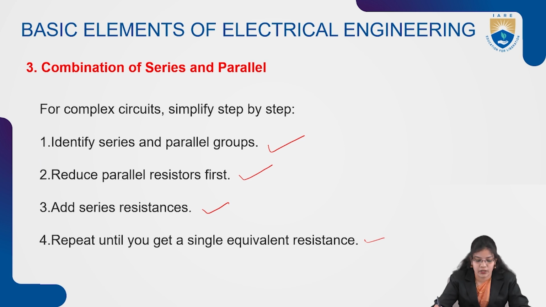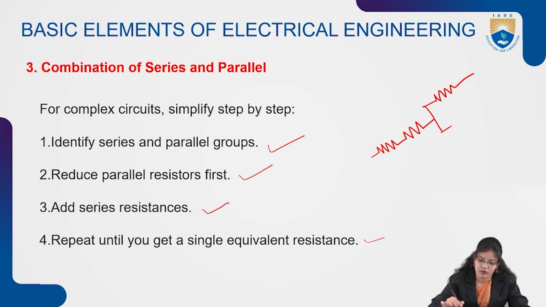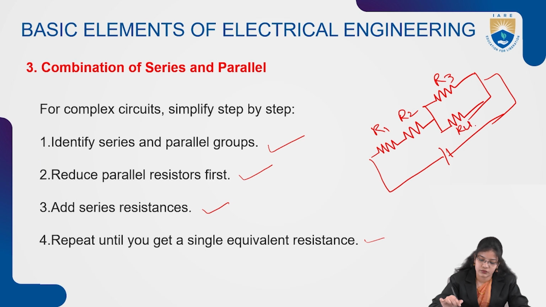So these 4 steps you need to follow while calculating the resistances when they are connected in series and parallel combination. So this is the example circuit for the series parallel combination. By following these steps, first we need to identify the series parallel groups.